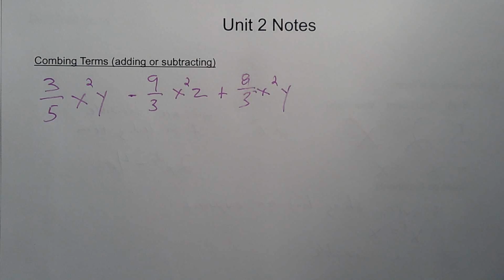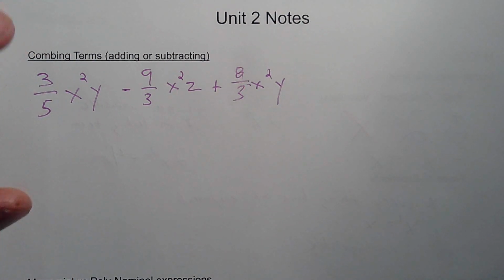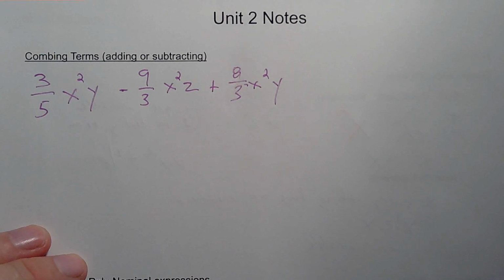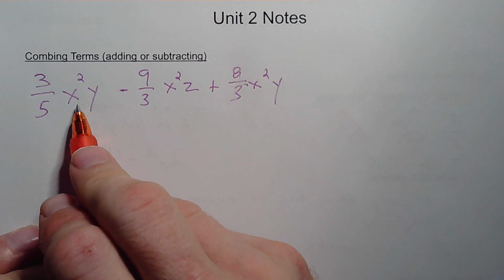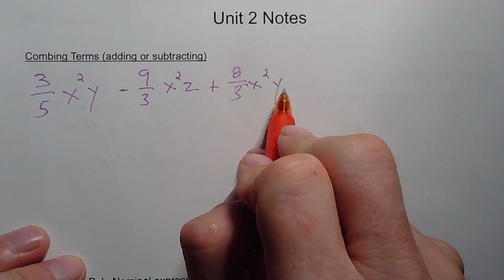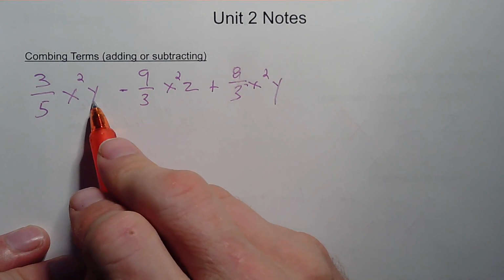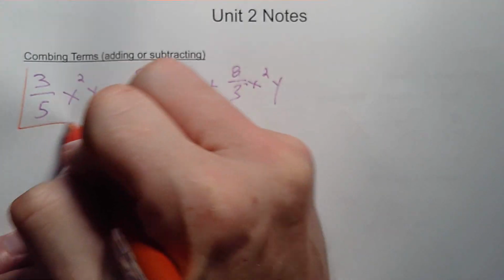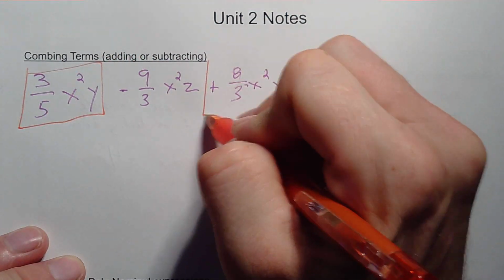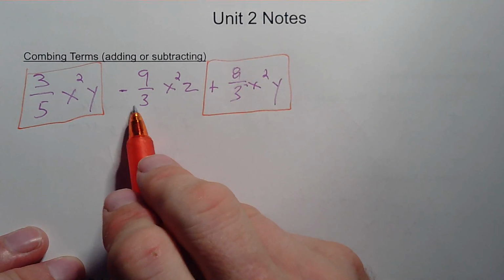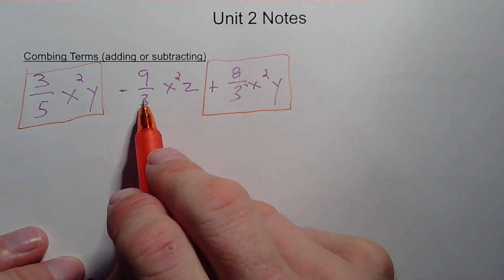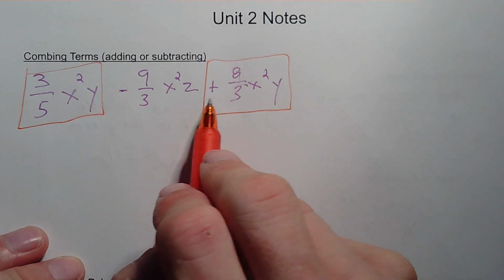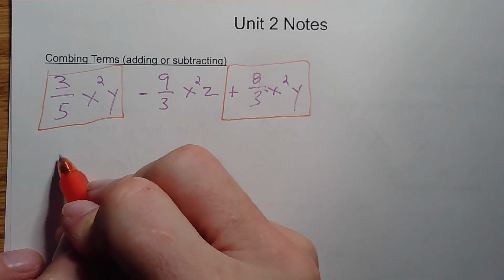First thing I need to do is identify what is like and what is not alike. Well, I have x squared in them, but this one has a y, that's a z, and that's a y. So these are my like terms. This is not a like term, so I'm not going to touch this one. So the only things I can combine here are these.